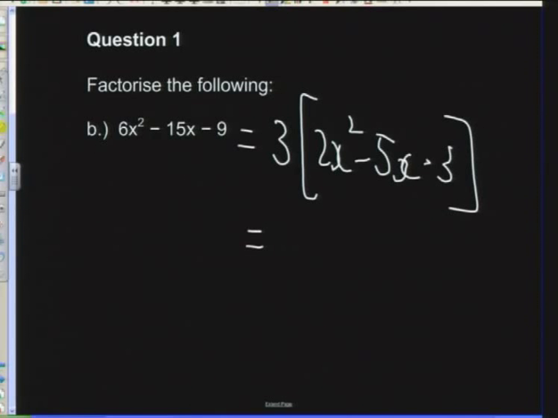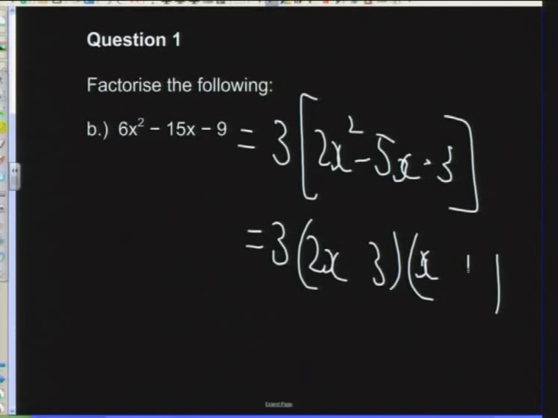And that trinomial now can go into 2 brackets. The first term is 2x times x. The last term is 3, so 3 and 1. And if you look at your inners and your outers, I'm getting a 3 and a 2. And that's not going to give me 5.